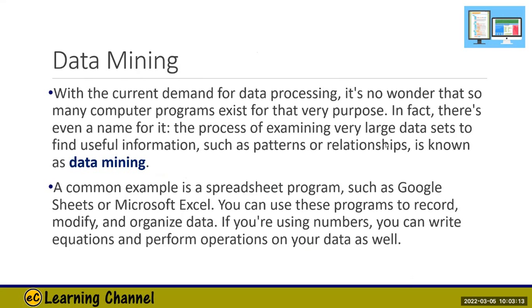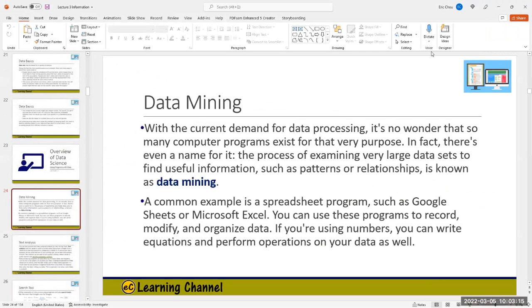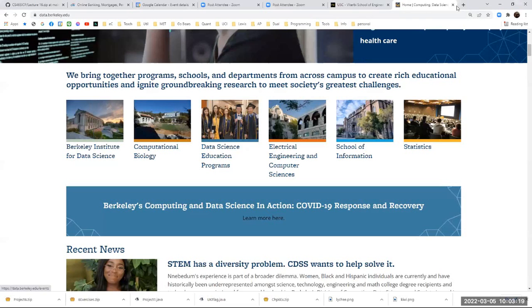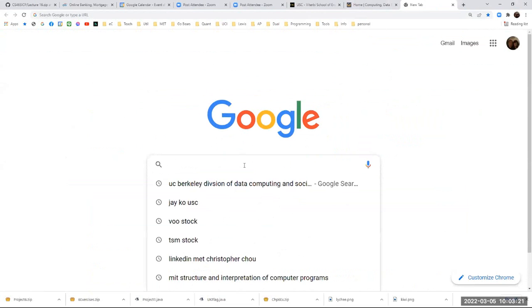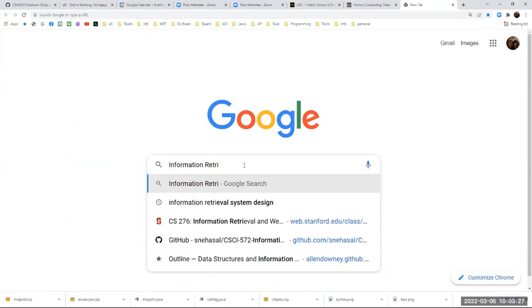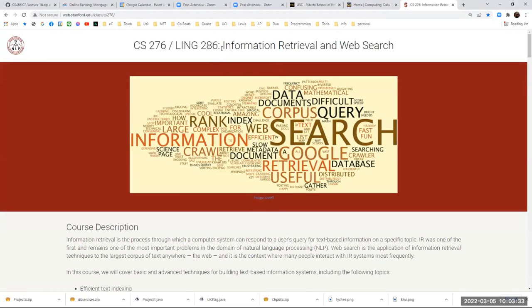Data mining is another name that I told you before, maybe last time. There's another term called information retrieval. Stanford has a course called information retrieval and web searching.